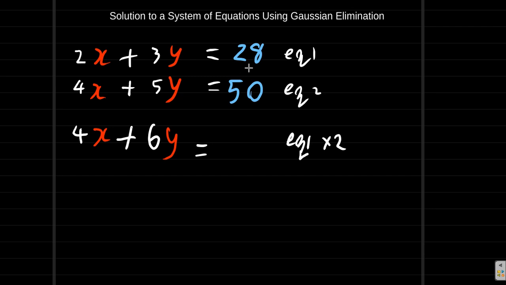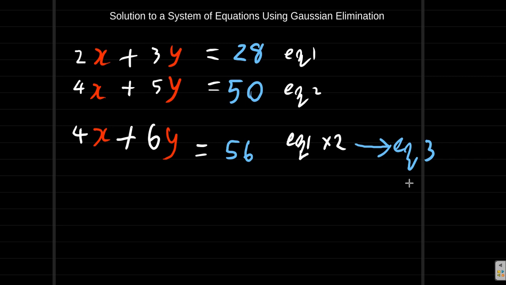Equals 28 times 2. What's 28 times 2? 2 times 8 is 16, bring down the 6, carry 1, 2 times 2 is 4, plus 1 is 5. 56. Alright? So we have multiplied equation 1 by 2. Now let us say this leads to equation 3. Right?